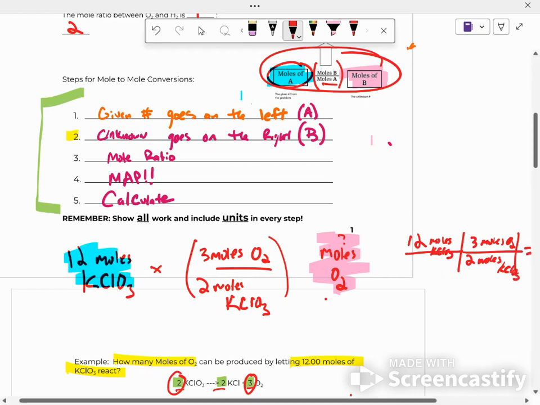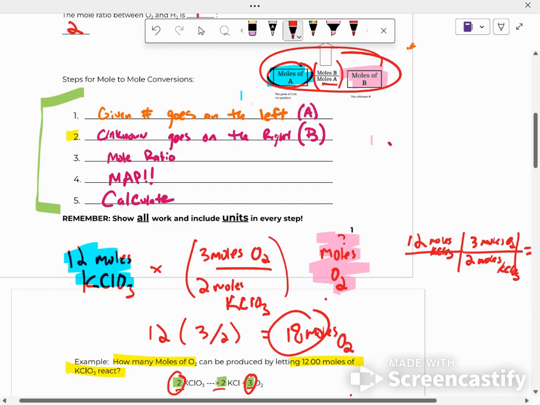In your calculator, punch in 12 times 3 divided by 2, which is 18. So 18 moles of O2 can be made from that equation.